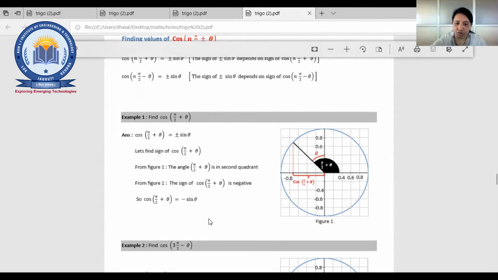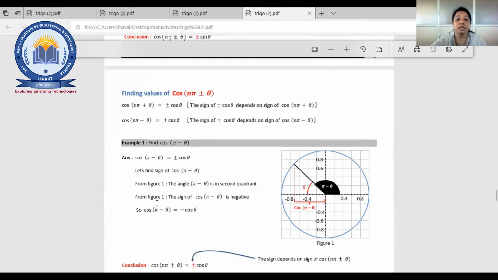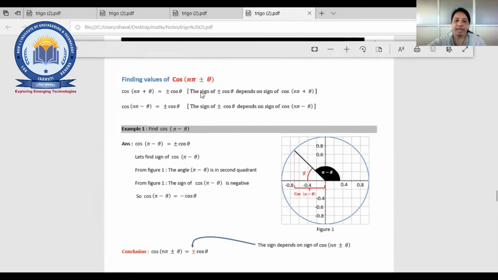If the left side is sine, your answer will be cos, right? Now the other case is if it is in terms of n pi. So if it is n pi, then what will the answer be? It will be whatever is on the left side, cos of n pi plus theta or cos of n pi minus theta.